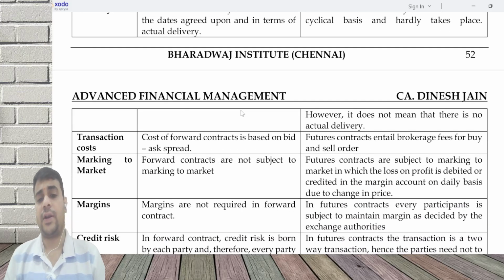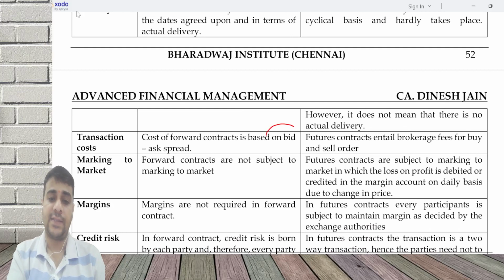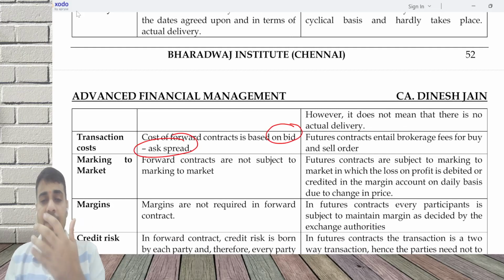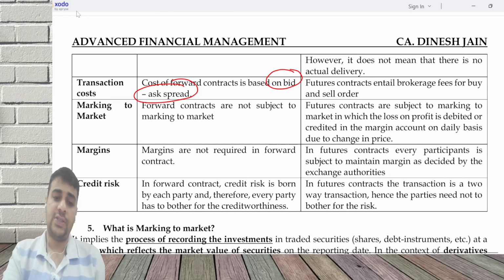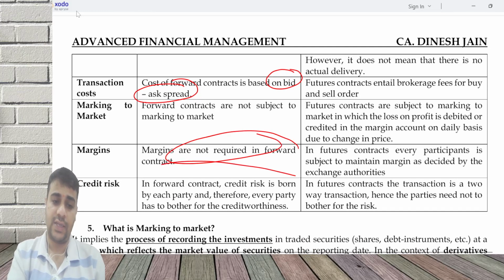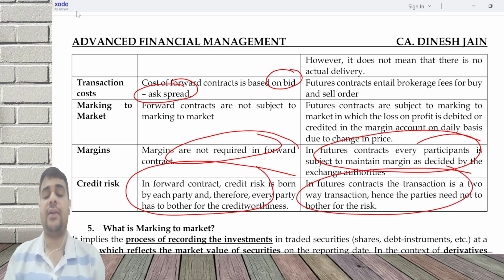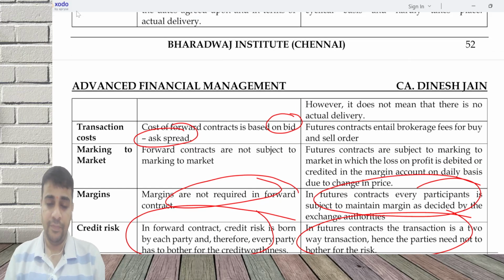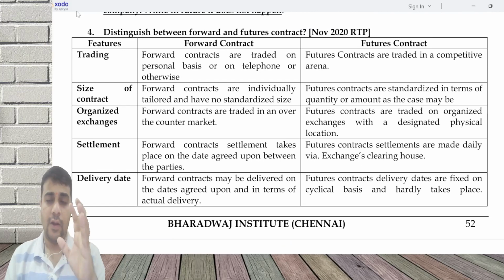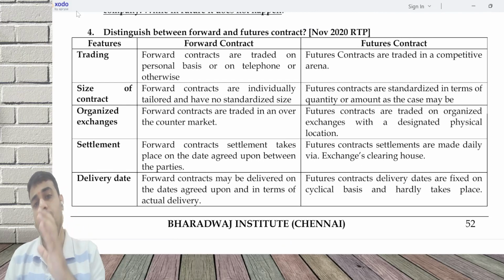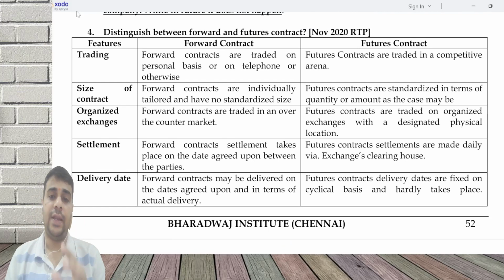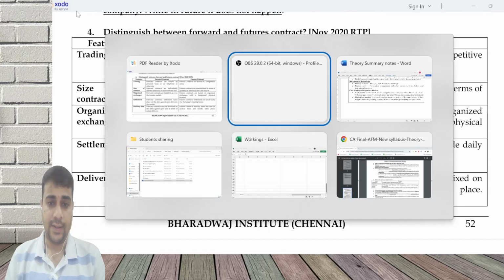Cost of a forward contract is on the basis of the bid ask spread, which is how the banker makes money. In futures you pay brokerage and exchange fees. MTM is not there in forwards, but is there in futures. Margin is not required in forwards, because of which there is credit risk. Margin is required in futures, because of which the credit risk is not there. Broadly, the difference is very simple: forward is an over the counter product, futures is traded in the market.